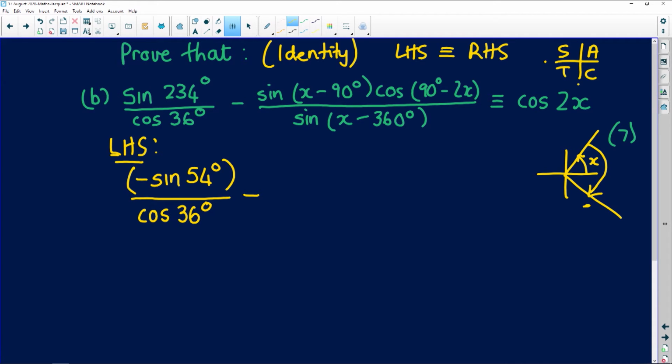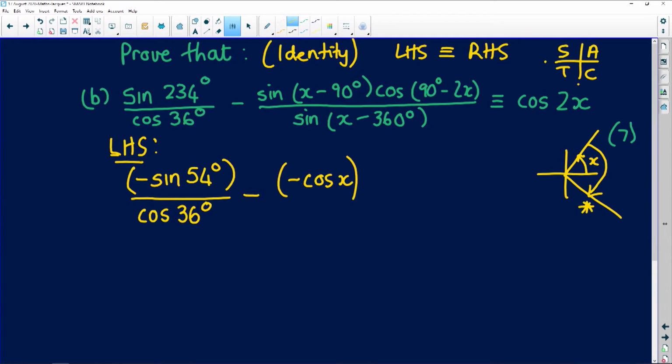Which quadrant am I in? I'm in the fourth quadrant. What happens to sine in the fourth? Sine is negative. What happens to sine because of the 90? It becomes the cosine of x. As easy as that. No writing in between.